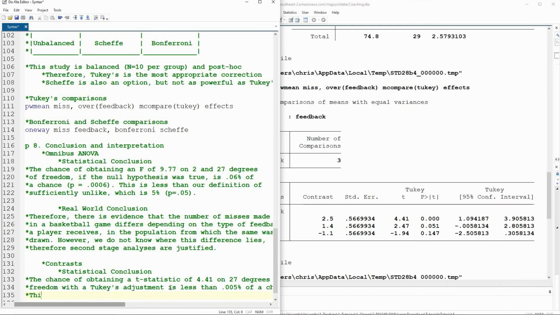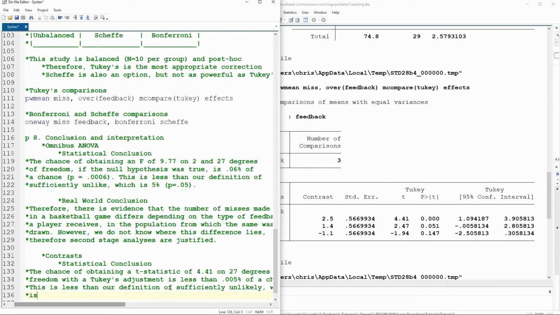This is less than our definition of sufficiently unlikely, which is 5%.